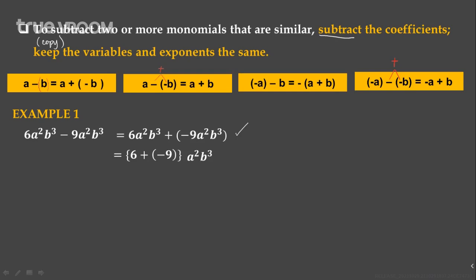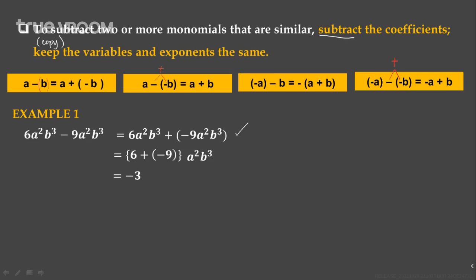So what is 6 plus negative 9? I will ask someone. What is 6 plus negative 9? Negative 3.